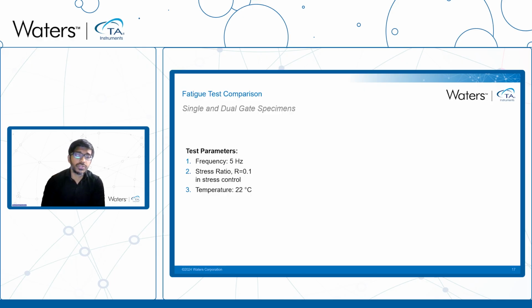The stress ratio, or the ratio of the minimum stress to the maximum stress, was maintained at 0.1, and the test was performed in stress control. Here, compressed air was blown onto the samples as well to prevent material temperature change.